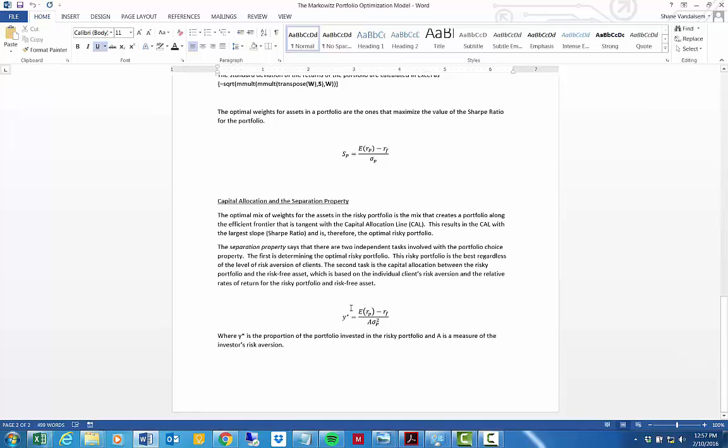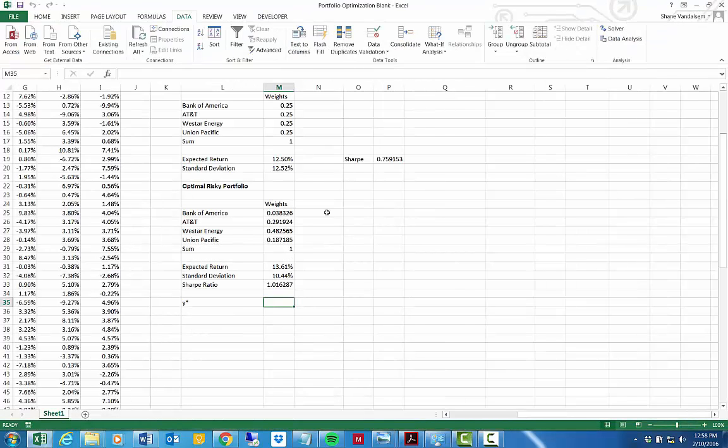So if we go down here, we know that our proportion in the risky portfolio is equal to the expected return on the portfolio minus the risk-free rate divided by the level of risk aversion A multiplied by the variance of the portfolio.